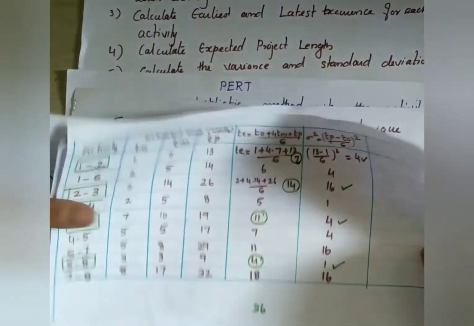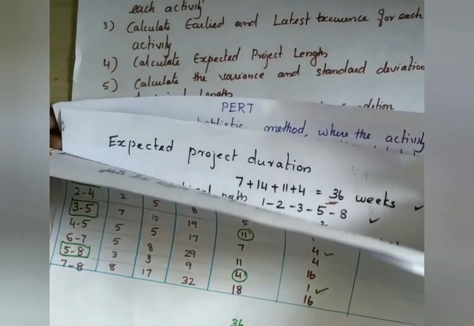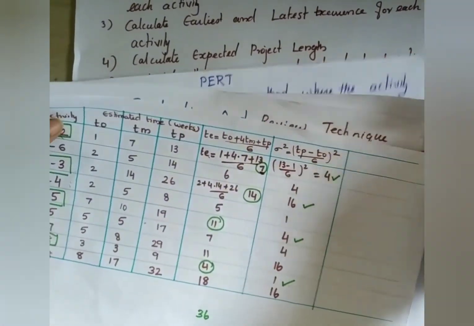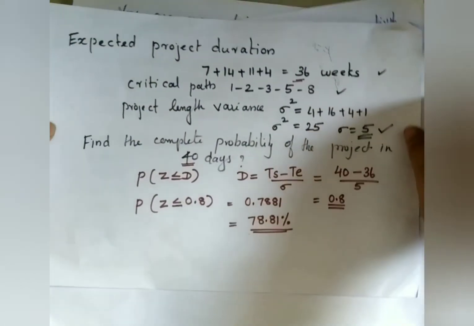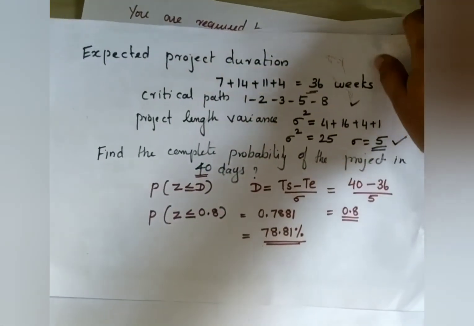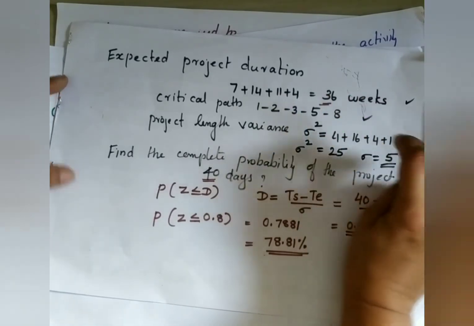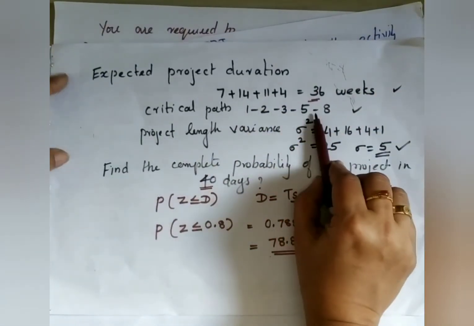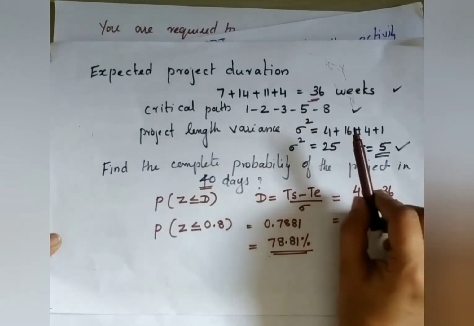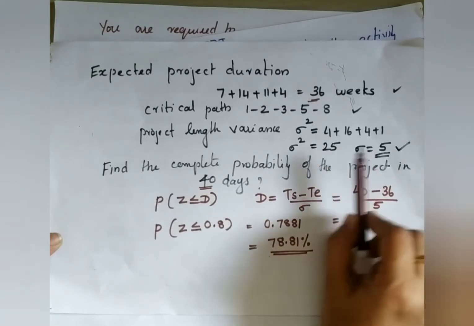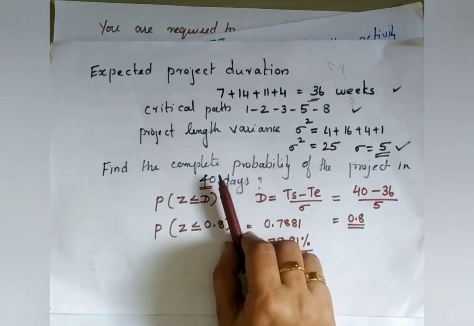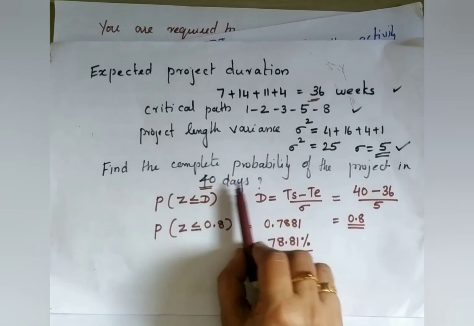So now finally we calculate from this. The expected project duration is 36 weeks. From the critical path we get sigma square, and from that sigma. Now the final step in the question is to find the probability of completing the project in 40 days.